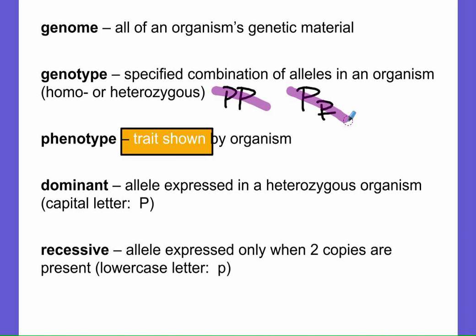The only way that a flower could be white is if you had two recessive alleles. So in that third generation, 1 in every 4 flowers was white, and the only way to be white is to have two lowercase recessive alleles.